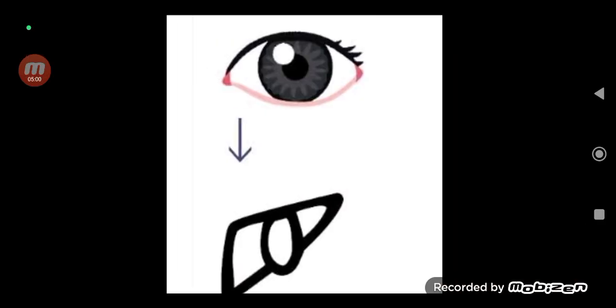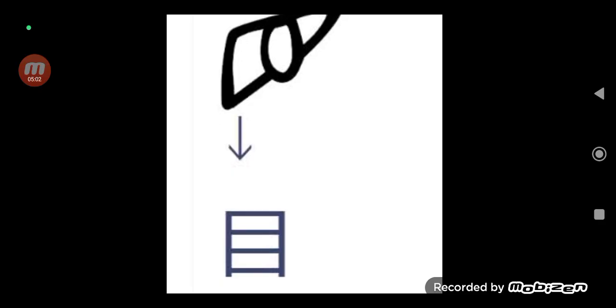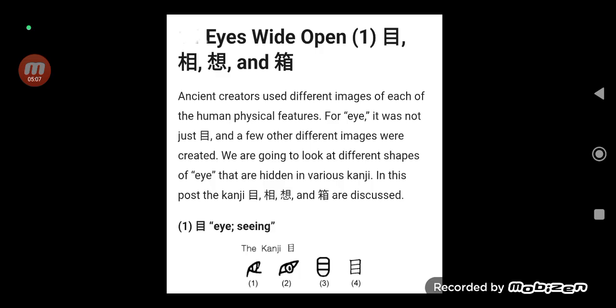And yeah, this is an eye. You can see how it evolved. So it's an eye. And our subject kanji is not just an ordinary kanji, it's also a radical or component. And you can see here that our subject kanji is also being used as a component or radical in some intermediate level N2 and N3, or rather JLPT N3 level kanji characters.